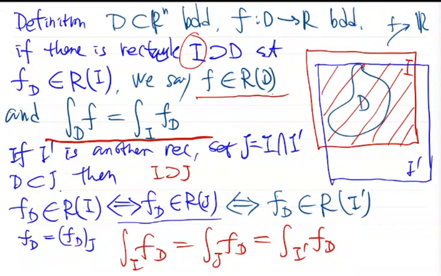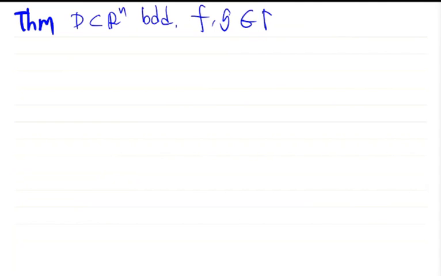Now we will study another important result. This is a theorem. D is bounded, and F and G are integrable over D. So for a general bounded subset, we have already defined the integrability.